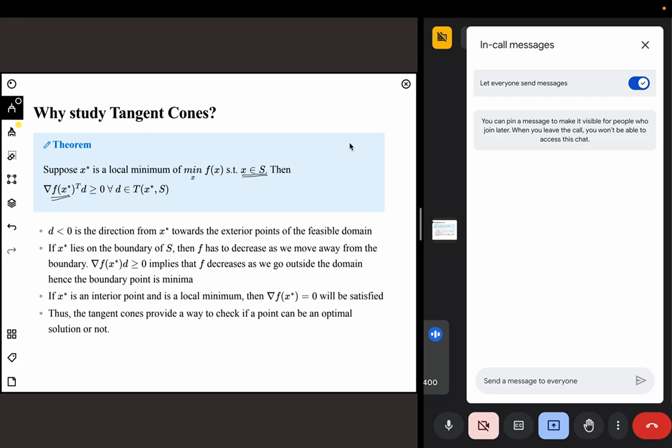For example, let's say this is my domain. Let's say the function value here is 10, and the function keeps on decreasing as you go along this direction. Let's say at this point it is 9, at this boundary it is 8, at this point it is 7. If it is an unconstrained problem, when I try to minimize, it will keep going in this direction, and let's say somewhere it goes to 0 and again starts to increase.